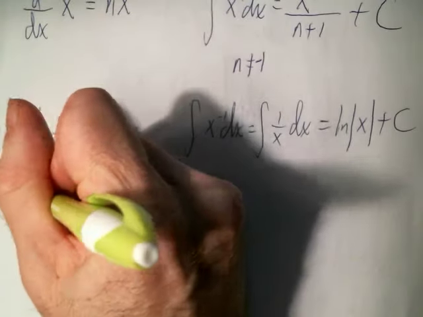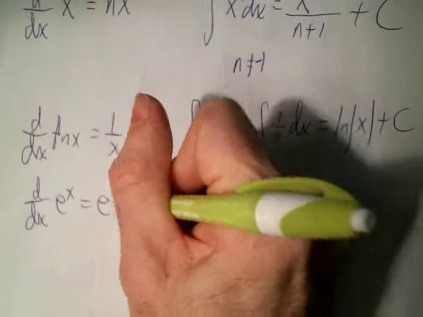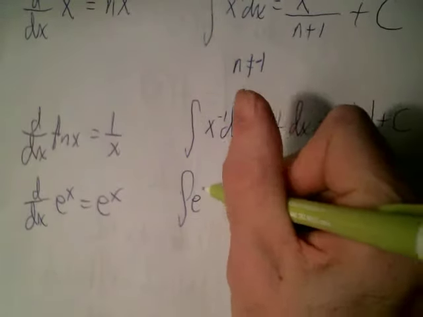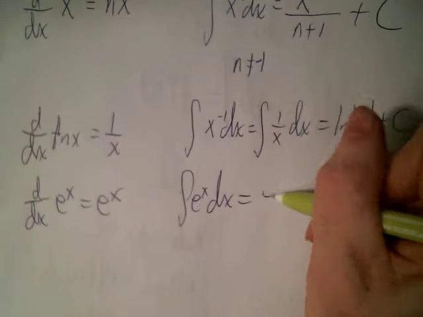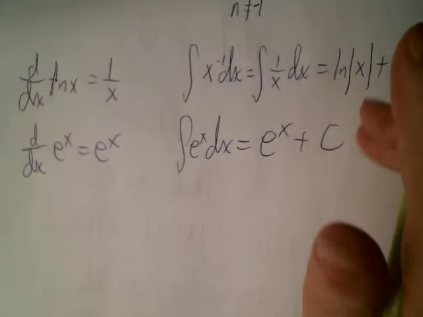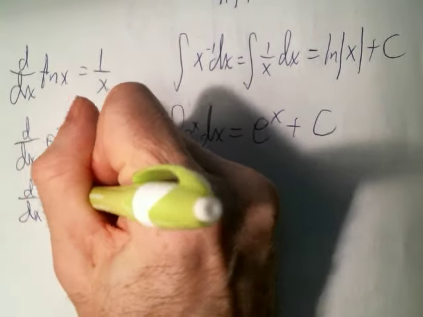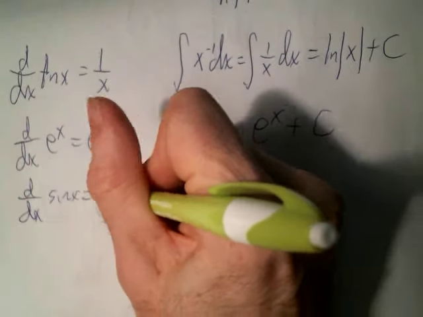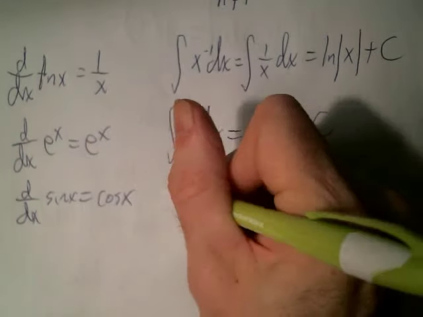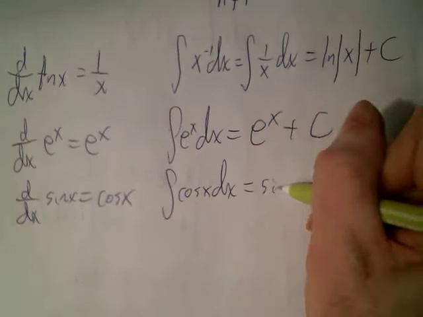What else? The derivative with respect to x of e to the x is e to the x. We know that. So the integral of e to the x is just e to the x plus c. The derivative with respect to x of sine x is, of course, cosine x, so the integral of cosine x dx must be sine x.